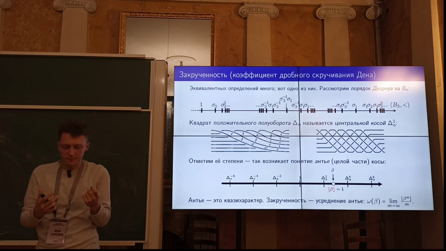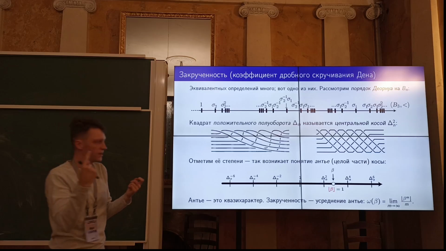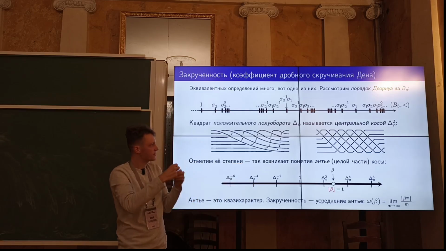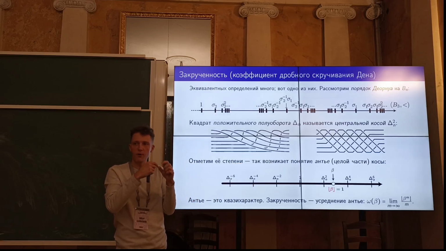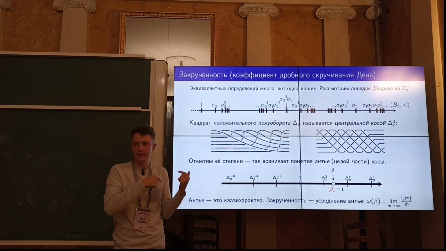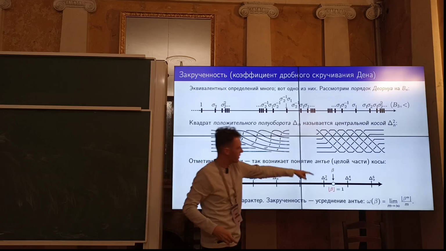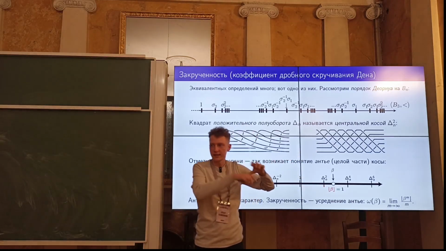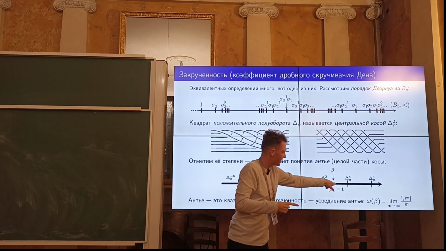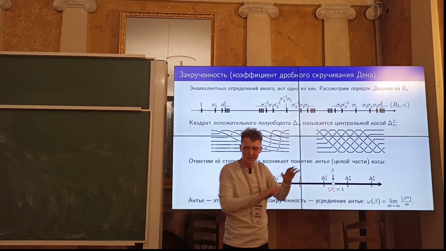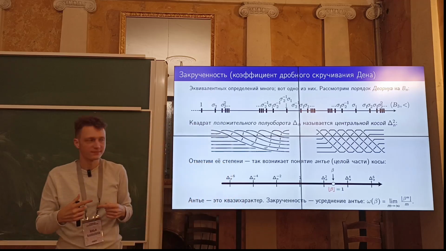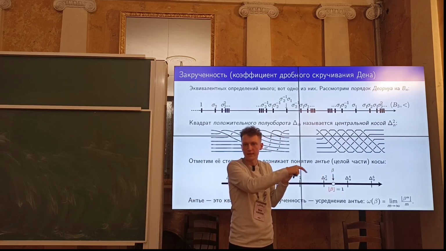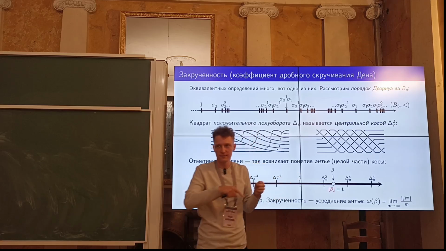Basically, this quantity, where the braid lies in the Dehornoy order, is something like the number of full twists that the braid contains. If a braid is more than the central braid, then it contains a full twist. In this example, it contains a full twist, but it does not contain two full twists. So this quantity is just the interval in which the braid lies.